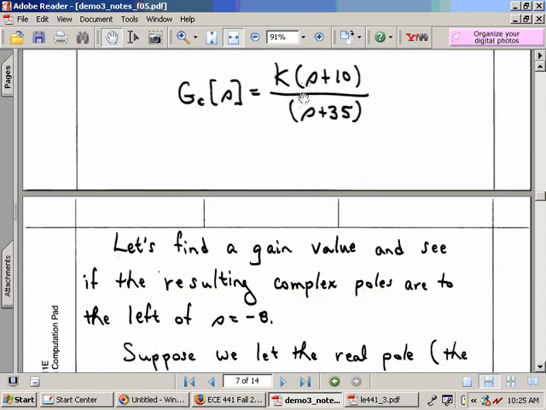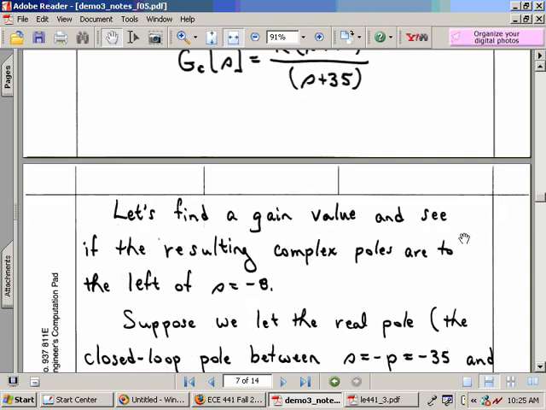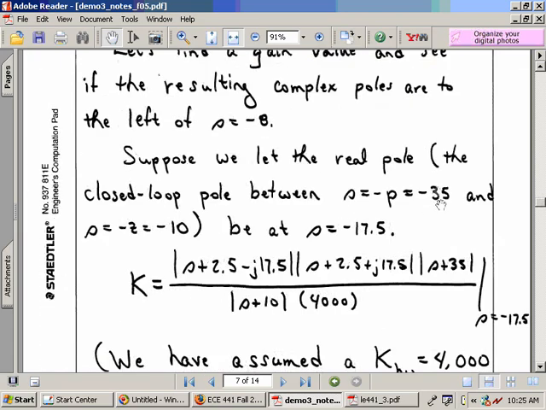We now need to find a gain K to give us the appropriate closed loop pole locations. Suppose we pick our pole that's living between what? The zero at -10 and the pole at -35. We know we have a closed loop pole between those locations.